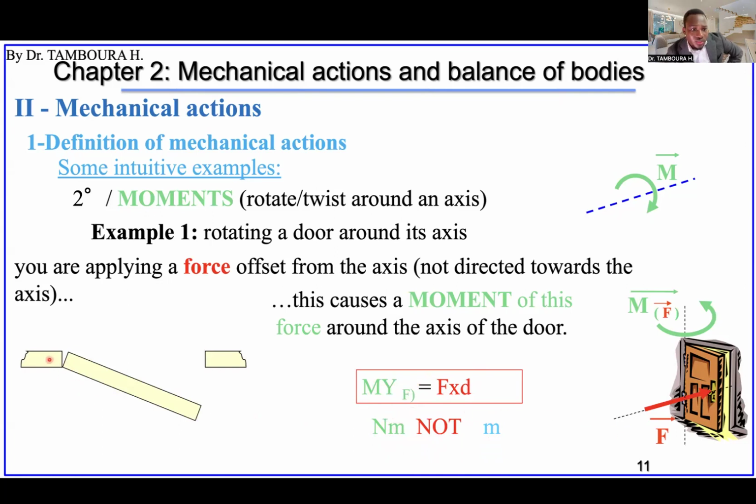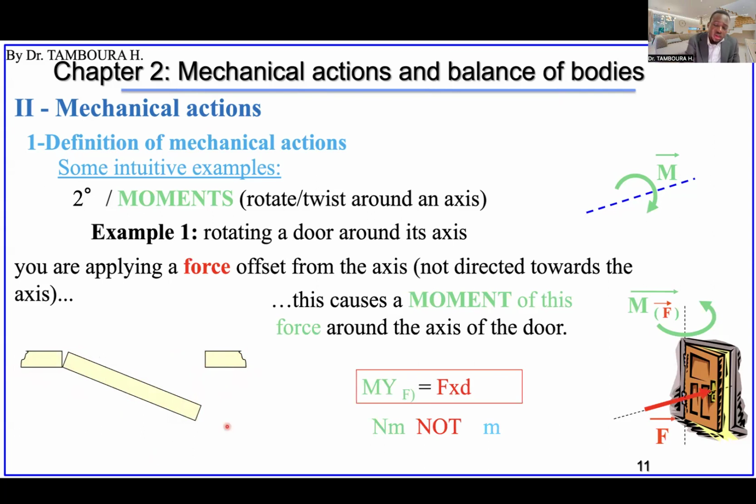Okay, if you take this door like this, if you are seeing the door from above, from the top, so this is the wall, and this is another part of the wall. So the door is rotating here around this axis.